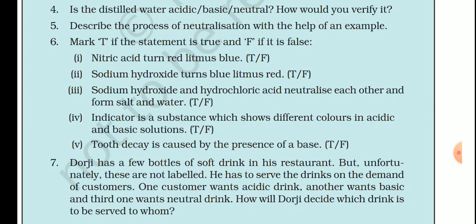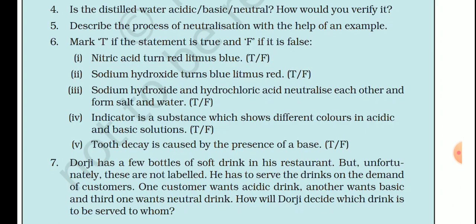Full stop. He should use blue litmus paper to test acidic drink. He has to put a drop of drink on blue litmus paper. If it turns red, then the drink will be acidic. Okay, full stop.